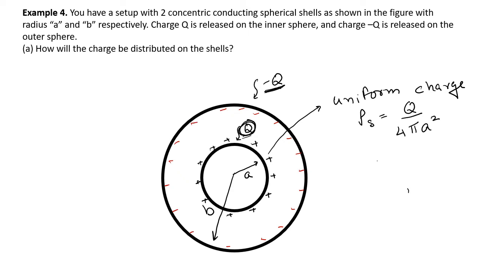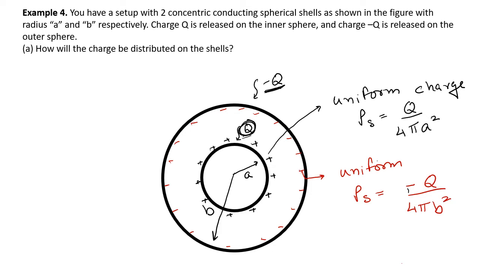And again, because everything is symmetrical, this charge would again be uniform and would have a charge density minus Q by 4 pi b square.